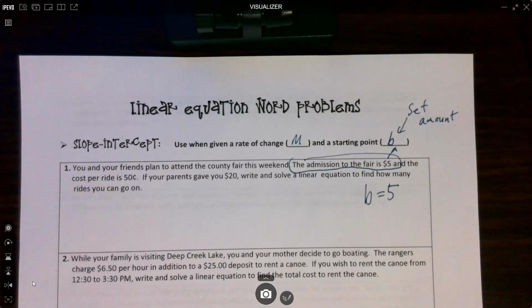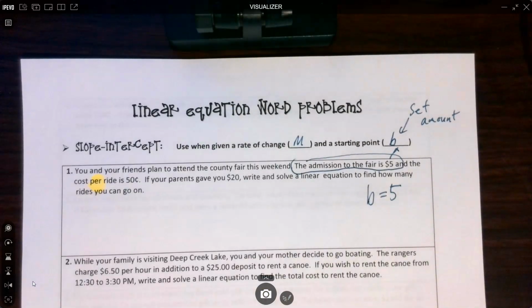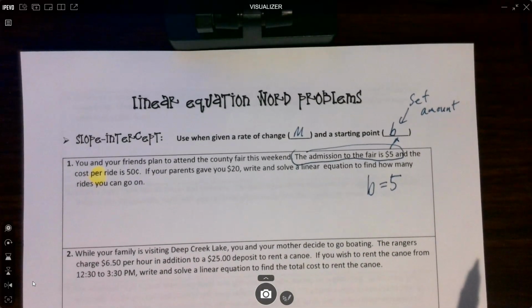That is a set amount. And it says the cost per ride. So the key is you look for words like per: miles per hour, something per minute, per. So look for words like that. This is our rate. So our cost looks like 50 cents a ride.